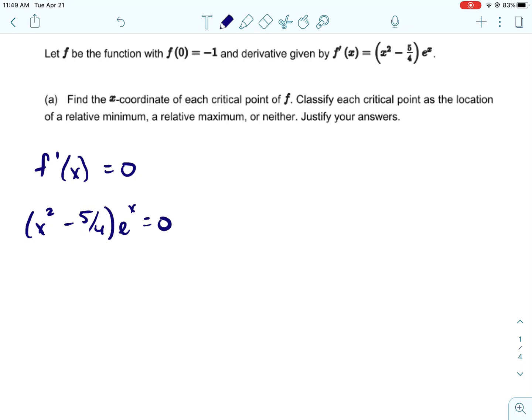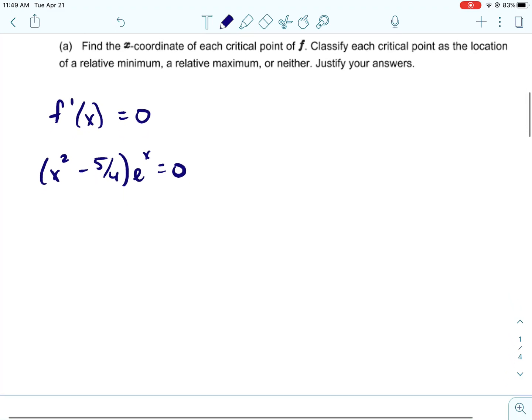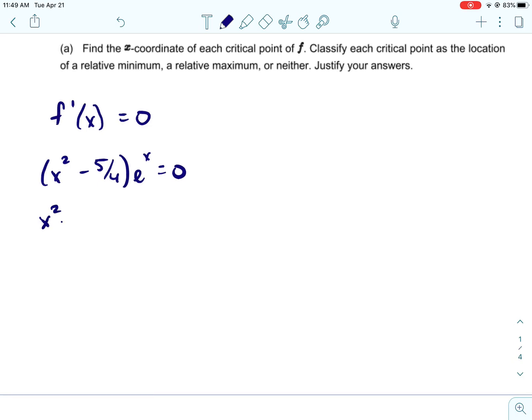So let's just start with the critical points. The critical points are found when the first derivative is equal to 0. So we would just take that first derivative and set it equal to 0. And e to the x is never going to be 0, so we're not going to use that one.